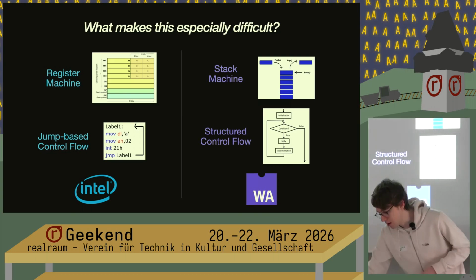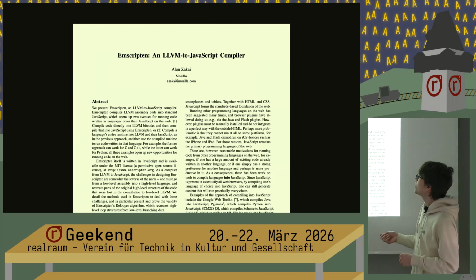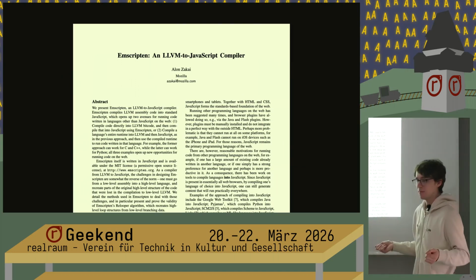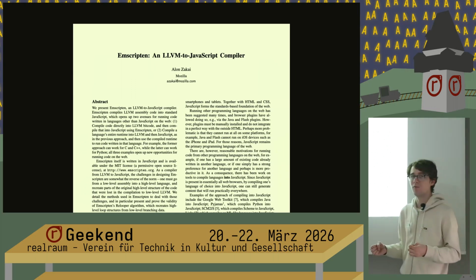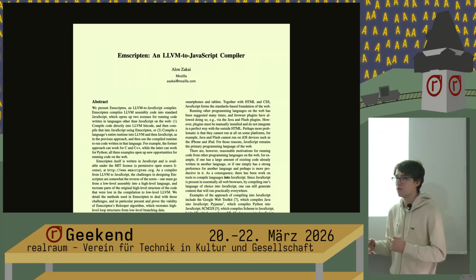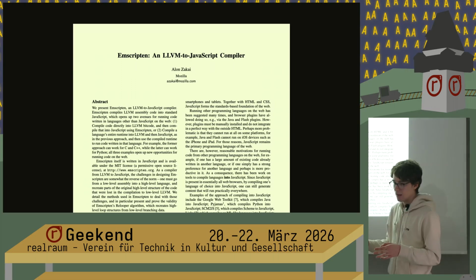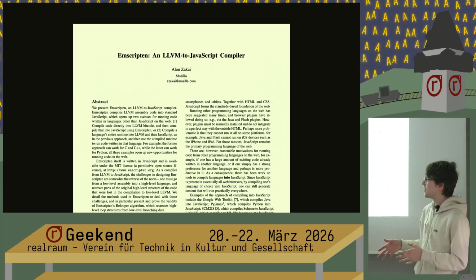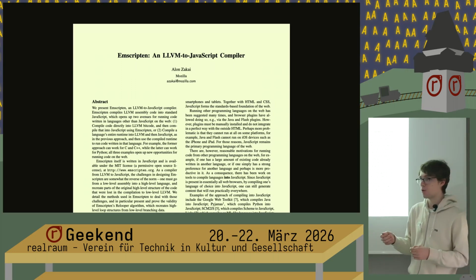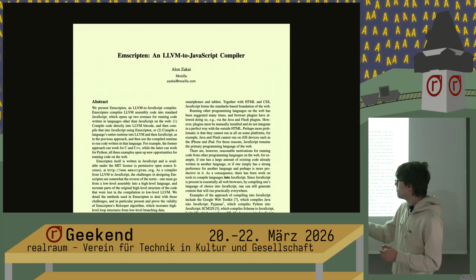And in fact, there was an entire paper written about this topic, which is Emscripten. The story is that originally someone just wanted to convert LLVM, so C++ programs, into JavaScript. For this, they invented an algorithm that was able to convert LLVM control flow into JavaScript control flow.